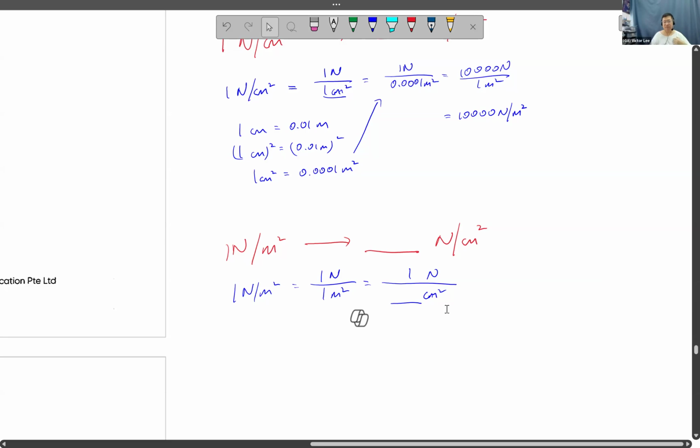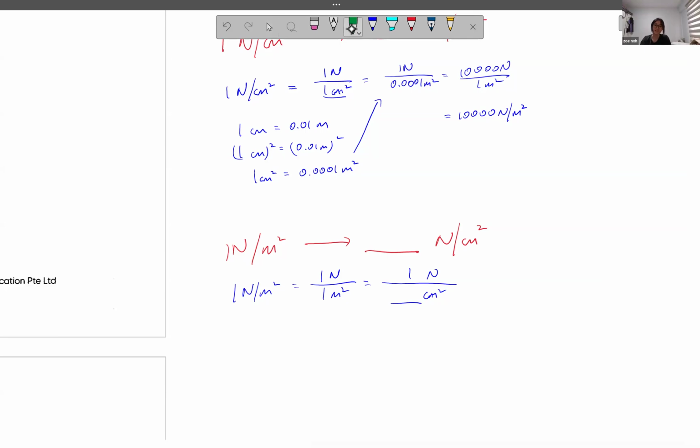Can you convert meter to cm? So, change into, wait, I'm very bad at conversion.